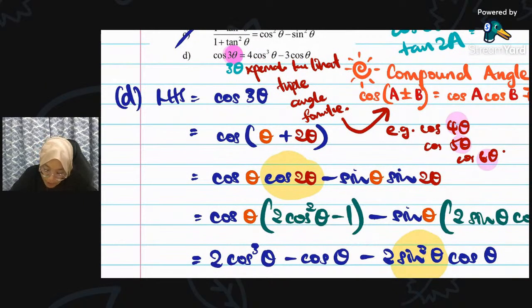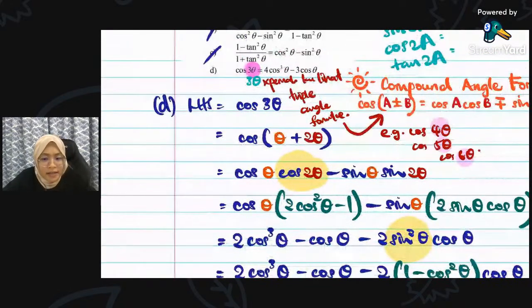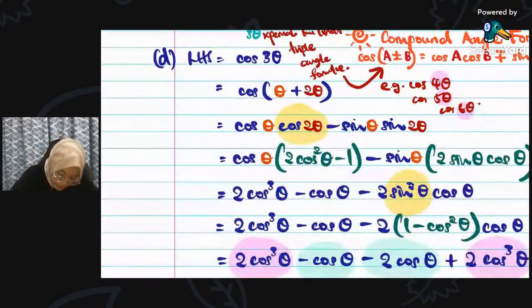Okay, do you remember, do you hafal formula double angle, guys? I think walaupun exam bagi formula sheet, it's very good if you hafal instead of you harapkan formula sheet. Okay, so now I keluarkan 3 formula untuk cos 2A.